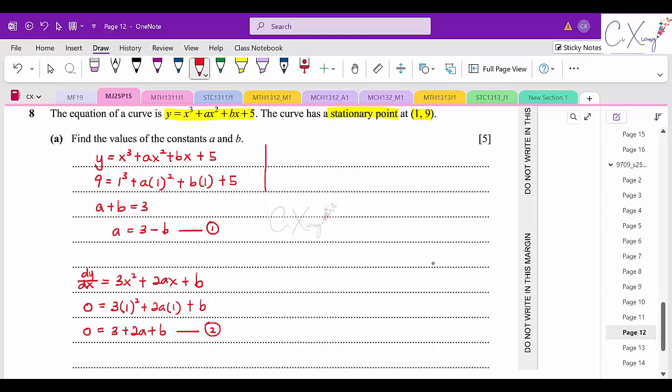To get the values of a and b, we just substitute 1 into 2. Or you can solve the equations simultaneously, no matter how. So you'll have 0 equals 3 plus 2 times a, where a is 3 minus b, then plus b. Okay, simplify the equation. From here, I think very easily, you'll get the value of b, which is equal to 9.